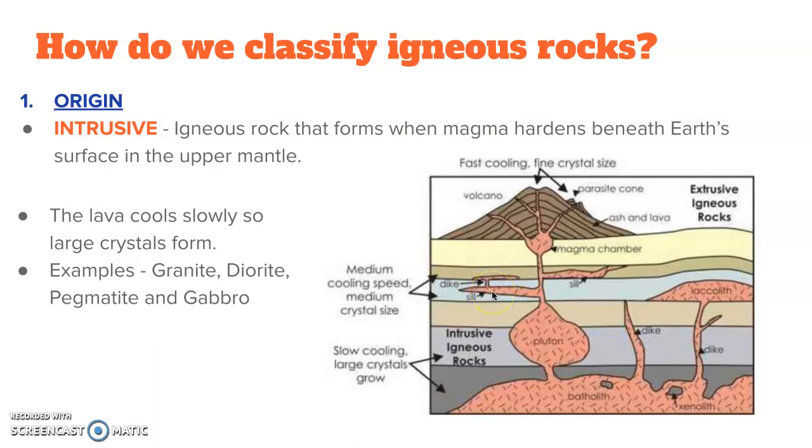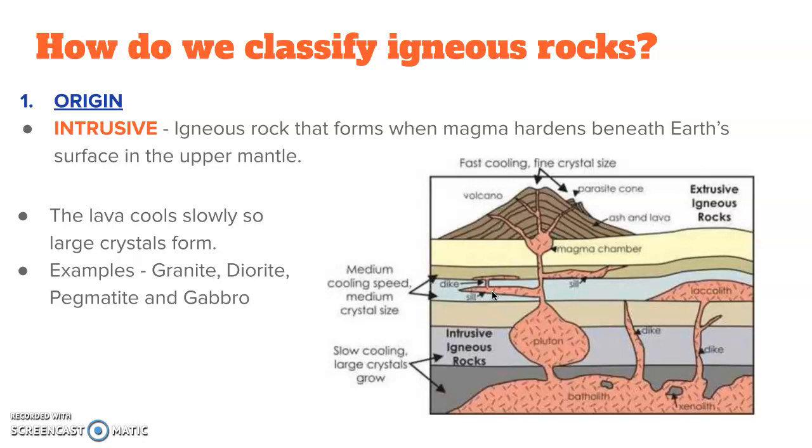But this happens very slowly as compared to extrusive rock, which hits the air outside and cools quickly. The cooling that happens with magma underneath the surface of the earth takes a very long time. And so this rock has the ability to form very large crystals as a result of the extended time that it takes to cool.